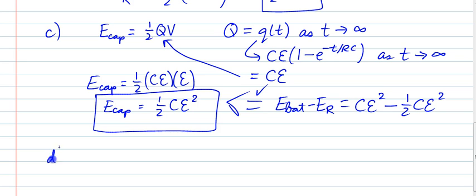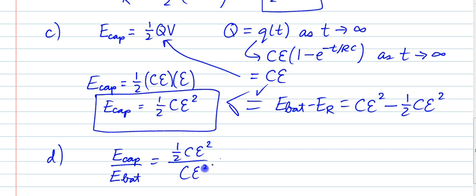Finally in part D, we want to find the ratio of the energy in the capacitor to the energy put out by the battery. That's simply going to be 1/2 C E squared over C E squared, which is just a ratio of 1/2. What this tells you is that in an RC circuit, after a long period of time, half of the energy gets stored in the capacitor.